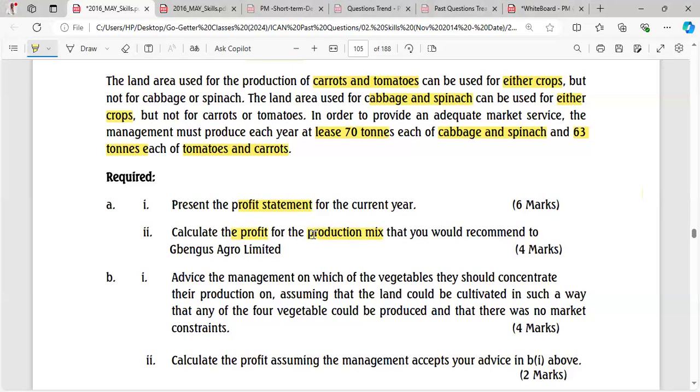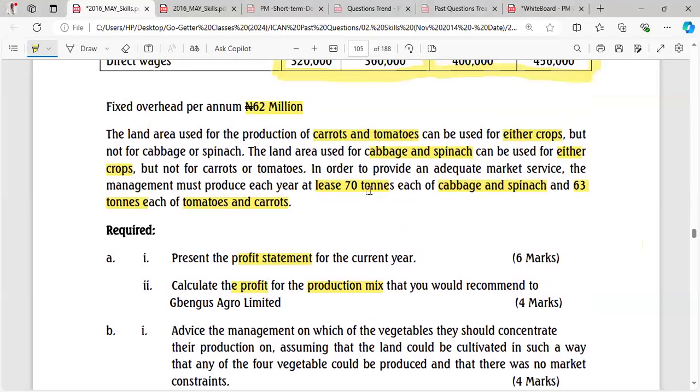Now you'll get to know here that the land mass for carrots and tomatoes, you can plant either carrots or tomatoes, no problem.